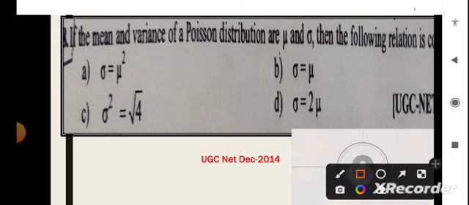Here, as we know that in Poisson distribution, mean is equal to variance, so our correct option will be option B.